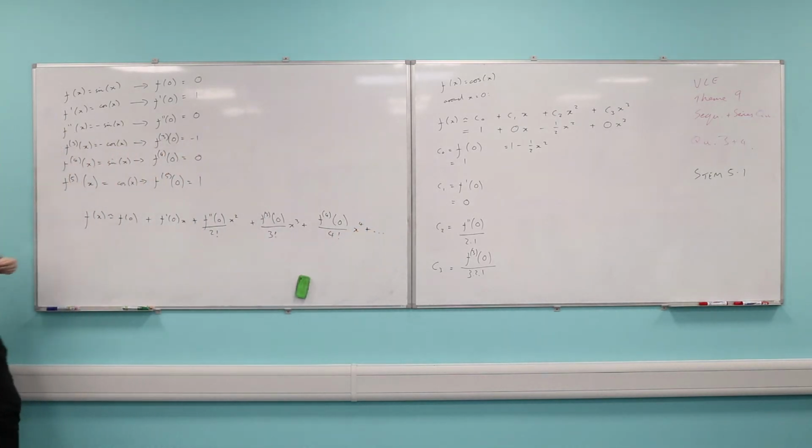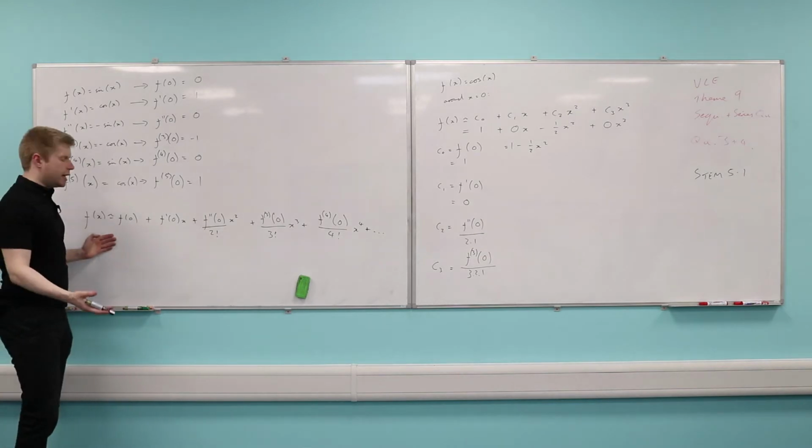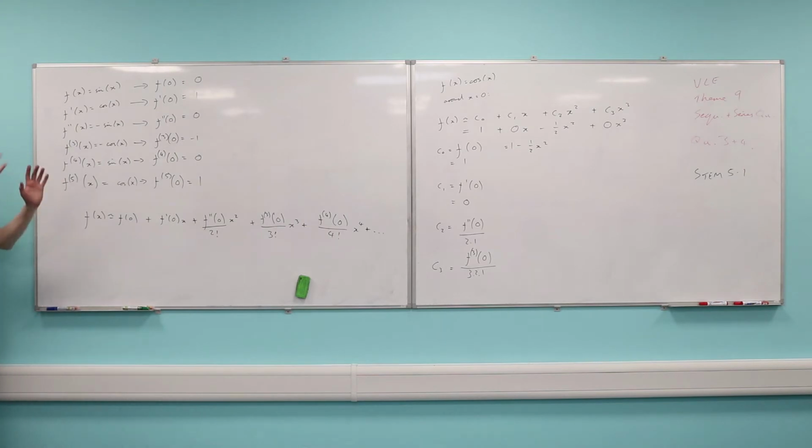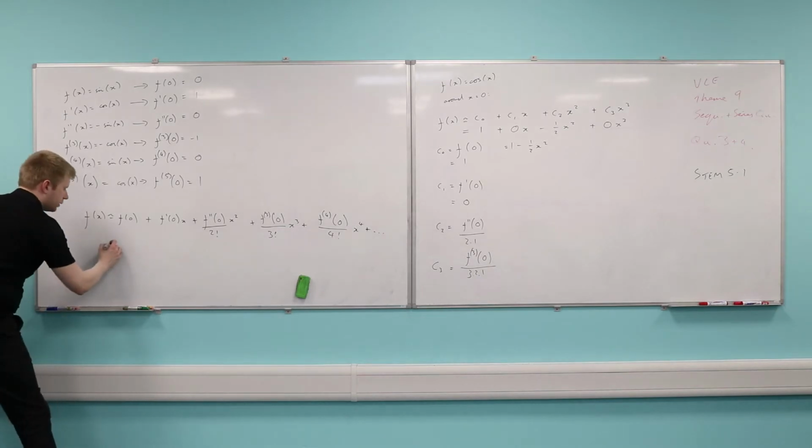I think it's much easier, now we've understood the idea, to just think about the formula. Understand all the ideas first, and then you can generalize it like this into a formula. So this falls out quite nicely.